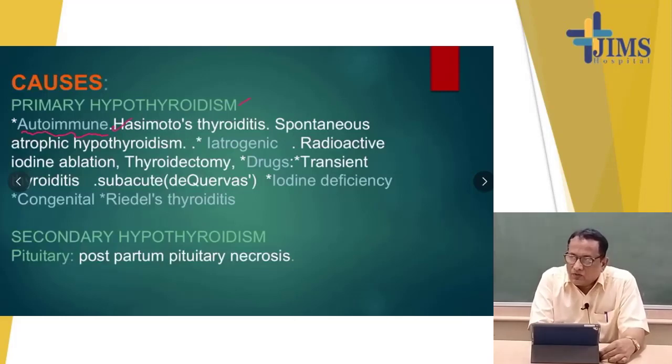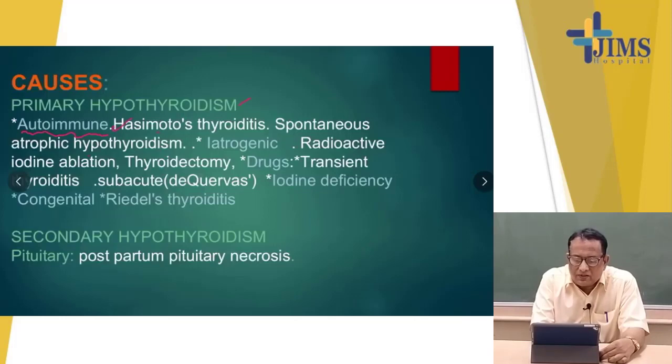This Hashimoto's thyroiditis may have some autoimmune disease, and there may be some swelling of the thyroid gland, and ultimately destruction of the thyroid gland, leading to spontaneous atrophic hypothyroidism. This is the same process. So autoimmune thyroiditis is the most important cause of hypothyroidism, of which Hashimoto's thyroiditis is important.